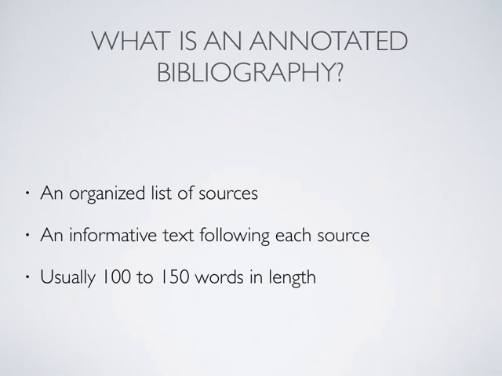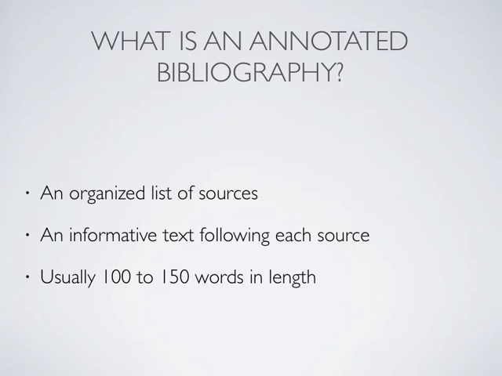So I guess the big question then is, what is an annotated bibliography? Well, it is an organized list of sources, kind of like a regular bibliography, but with a little bit extra. There's always some informative text following each source, the annotation part of the bibliography.